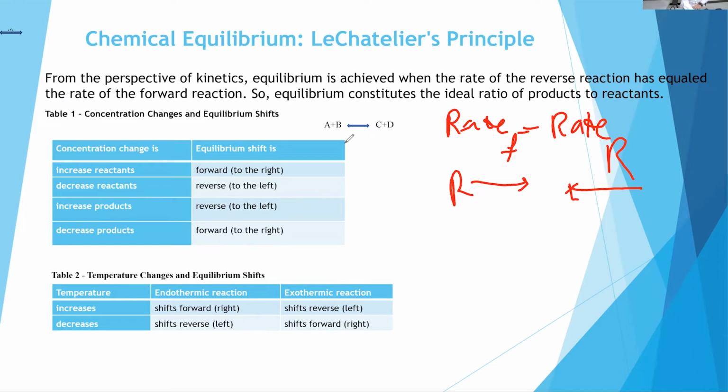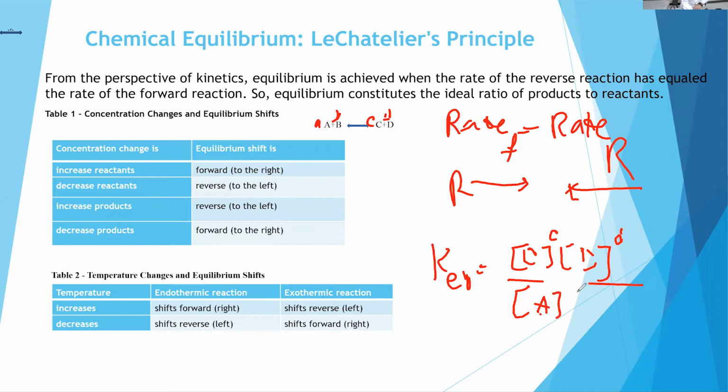The equilibrium constant, K equilibrium, is the concentration of the product. So if I have a lowercase c, lowercase d, a, and b, it's going to be the concentration of the products to the power of c and d over the concentration of the reactants.